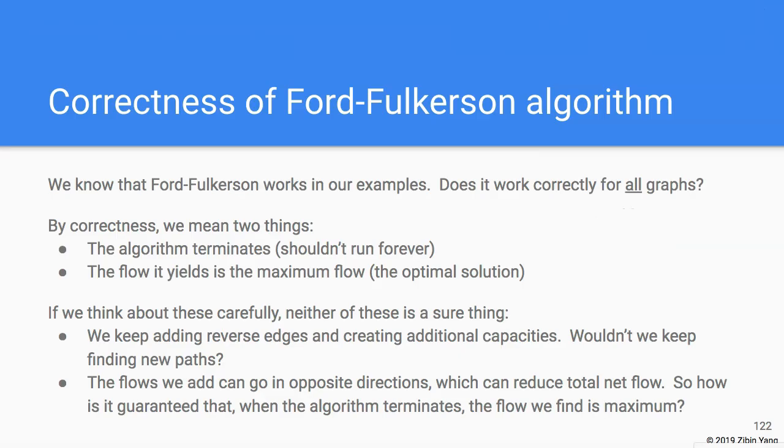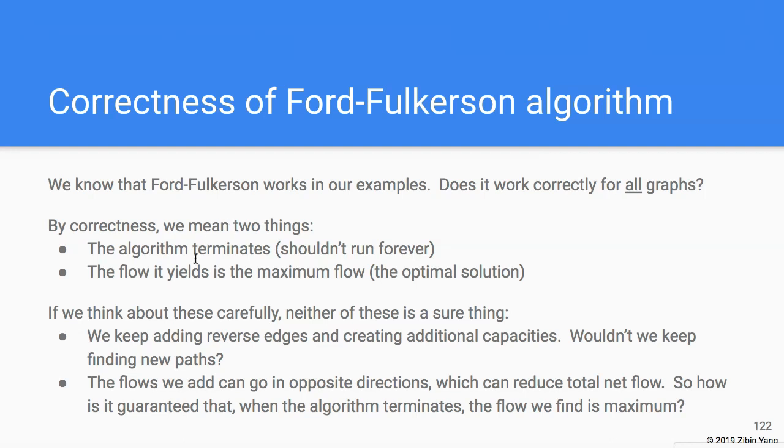So now that we've demonstrated that Ford-Fulkerson works in our two examples, the question remains, does it work for all graphs? When we talk about the correctness of an algorithm, typically we mean two things. One is the algorithm should finish at some point. It should not run forever.